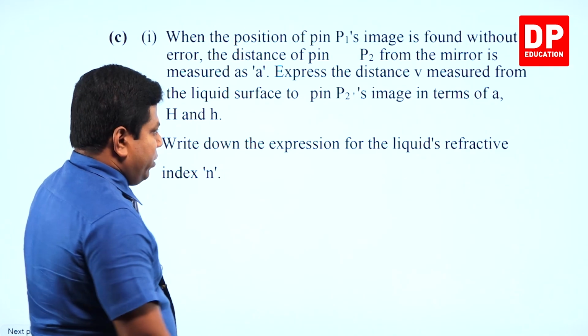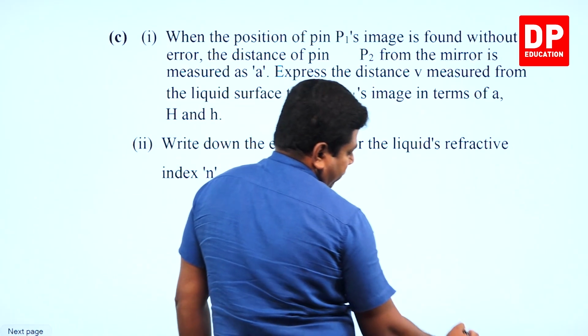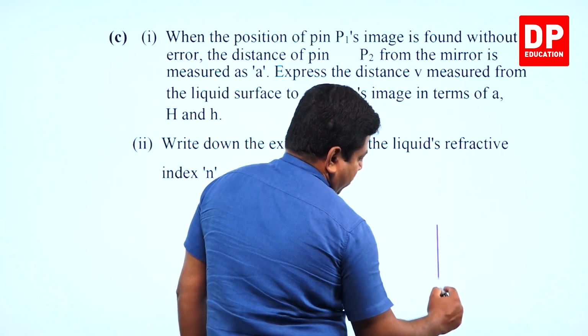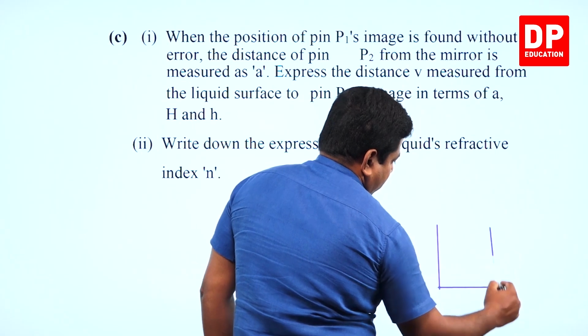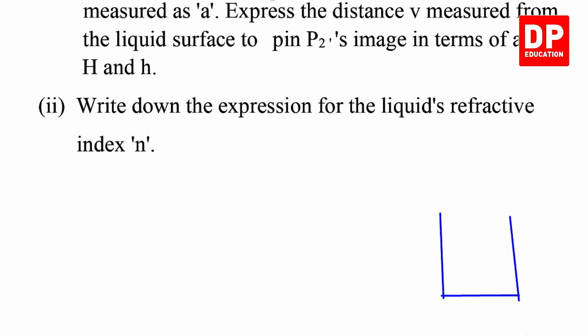Let me redraw that for you. See. Right. You have put water up to here. This is water. Here we kept the mirror. This is the mirror. Then you kept a pin here.